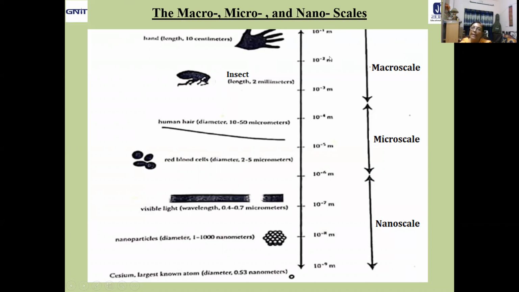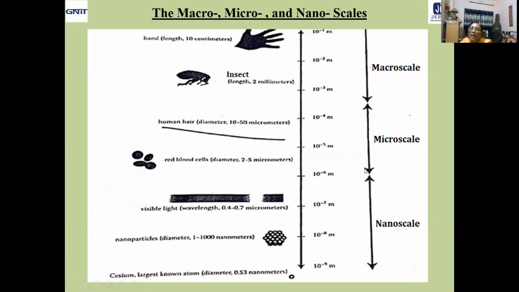All macro material around us are multiples of these scalings. Examples under this category are our hand, whose dimension is of the order of 10 centimeters, and an insect, whose length is of the order of 2 millimeters, say.